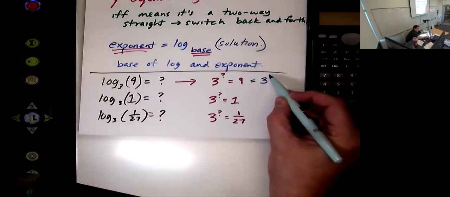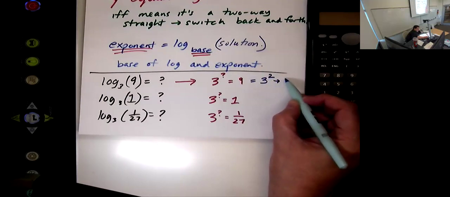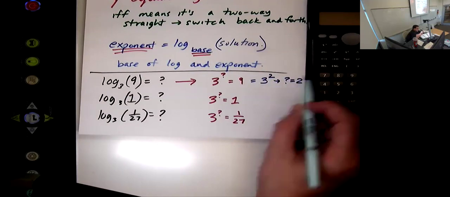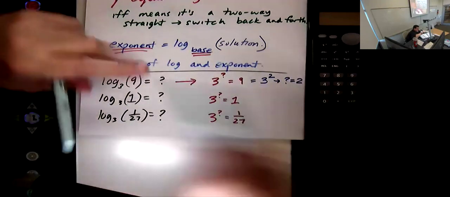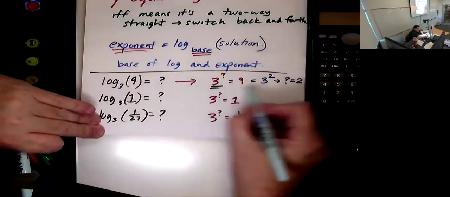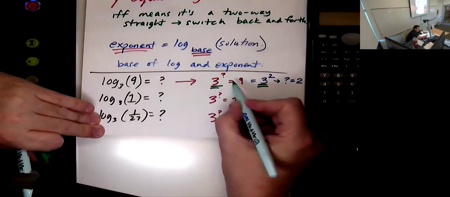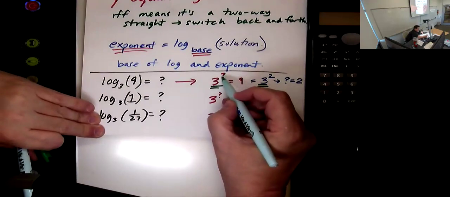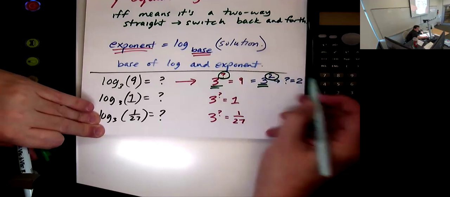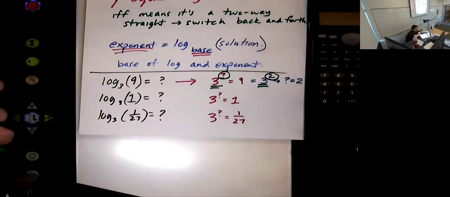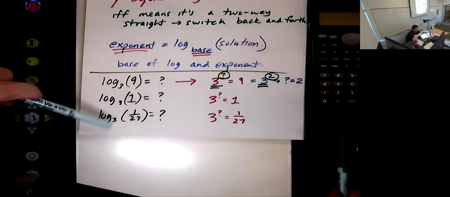Second power, which means the question mark has to equal 2. When you have the same base, if the bases match and there's an equal sign, the exponents have to match also. That's the idea here for equality.